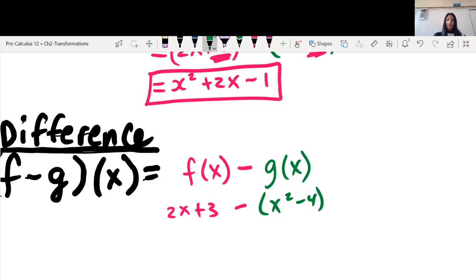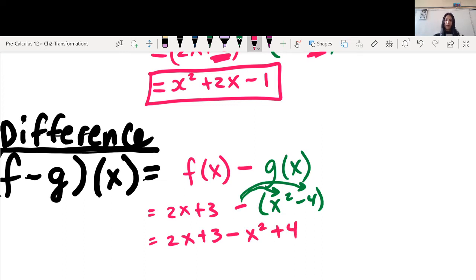So this is going to look like small nitpicky stuff, but we need to make sure that we distribute this minus sign to both of those. So we would have 2x plus 3 minus x squared plus 4.